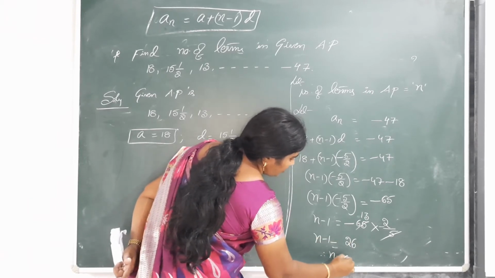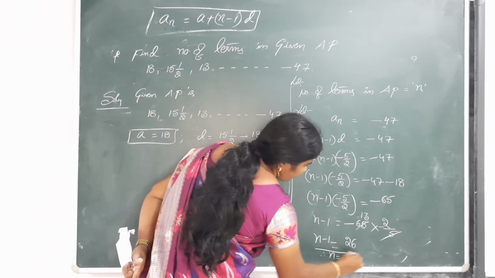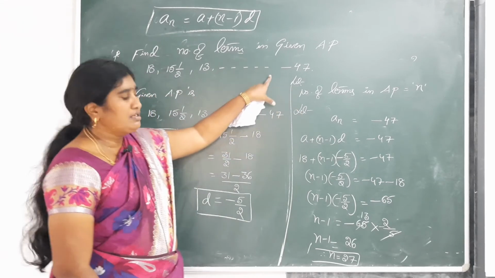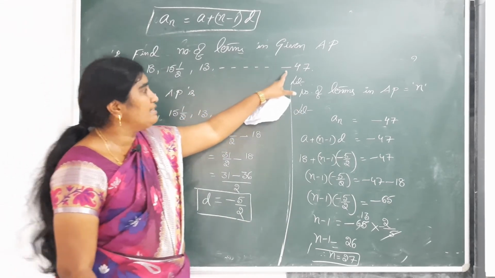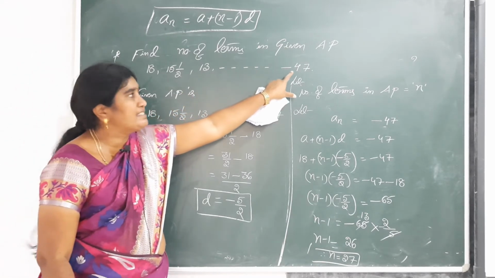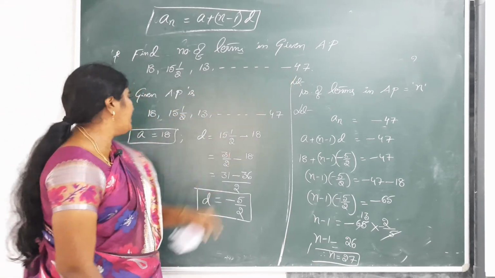Therefore, n equals 27. Therefore, the number of terms in the given AP is 27. The last term, the 27th term, is minus 47.